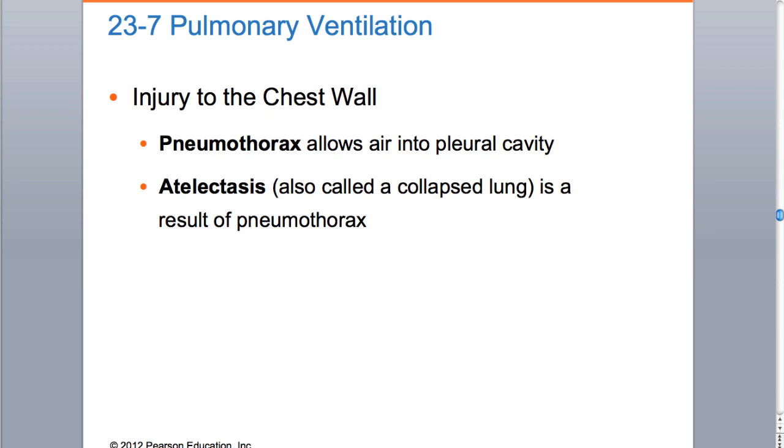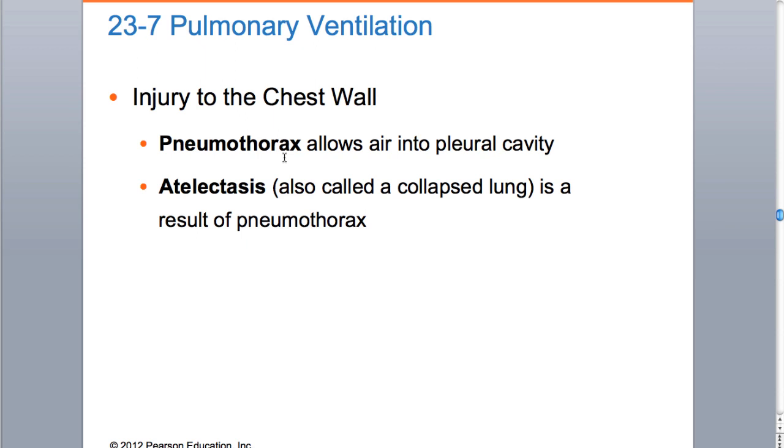Next slide. Injury to the chest wall. This slide is important. Now, Nemish, you mentioned something about the pleural cavity, and you mentioned it in relationship to how air comes into our body. If you actually had a pneumothorax, what would happen to you? Make sure you study that for the purpose of the test.